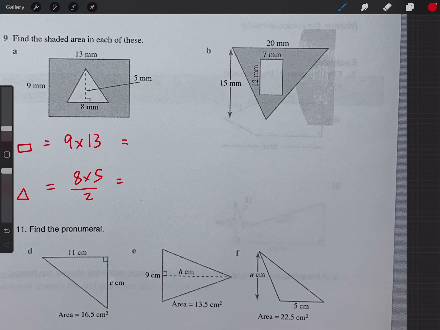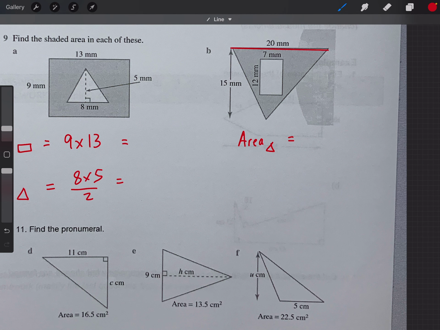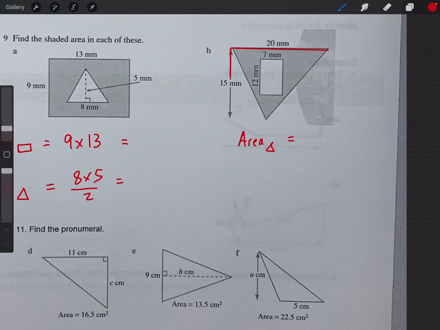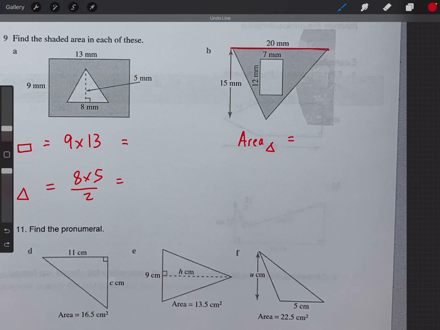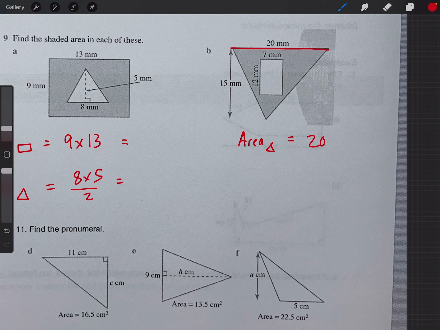Next question is, we have the area of the triangle, which is, how do you find the area of the triangle? Well, you multiply the base by the perpendicular height. You can see that these two lines are perpendicular, okay? So therefore, it's going to be 20 times 15 divided by 2. That gives you the area of the triangle.